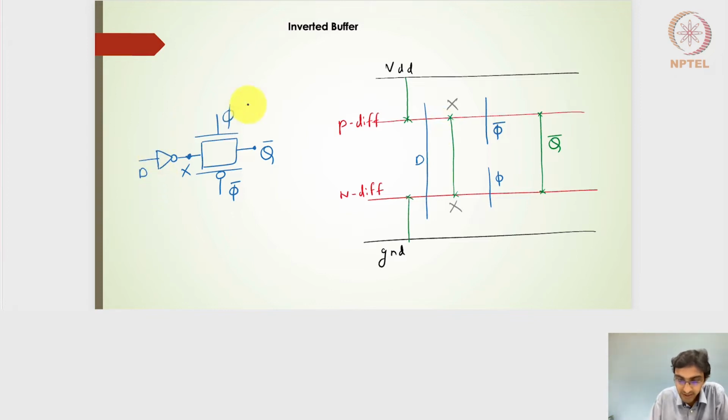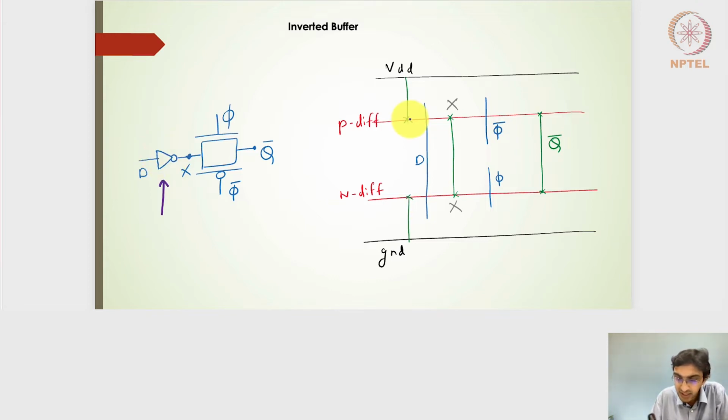So if I want to draw the stick diagram of this circuit, which is an inverter followed by the transmission gate, we'll do it in sequence. First, the stick diagram of an inverter. It is given by a P diffusion line and an N diffusion line. Also I have a VDD rail and a ground rail, and the D input here separates the two diffusions on the P diffusion line and the two diffusions on the N diffusion line.